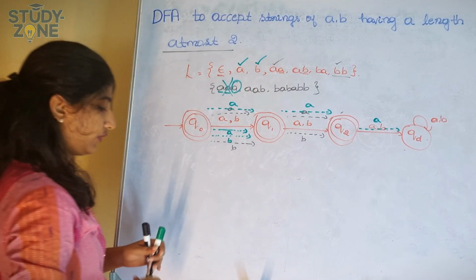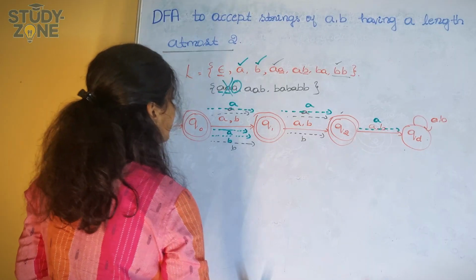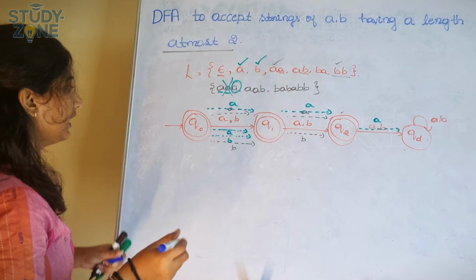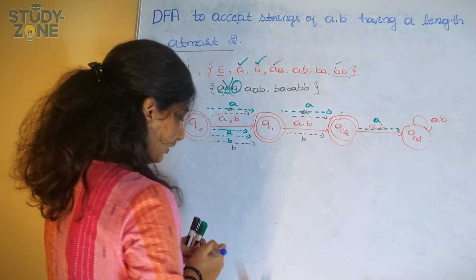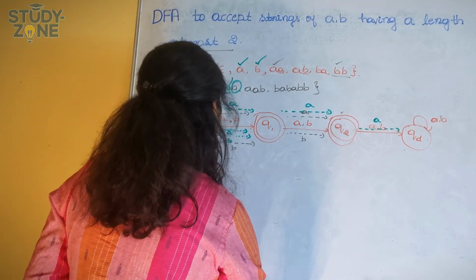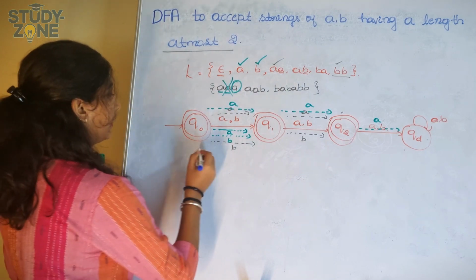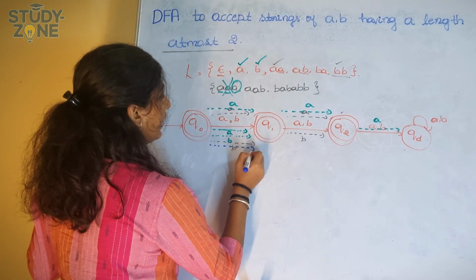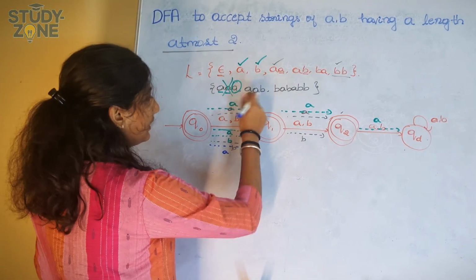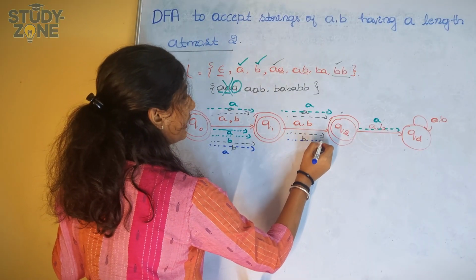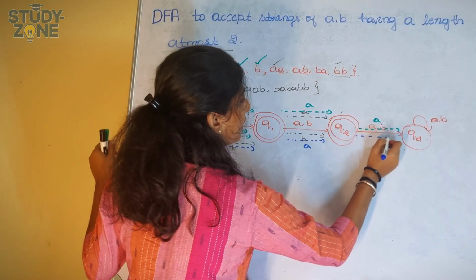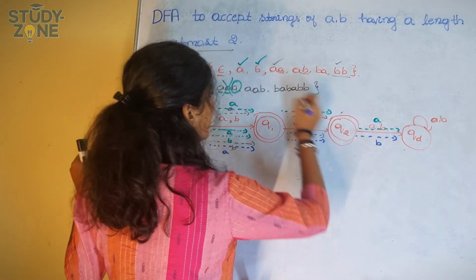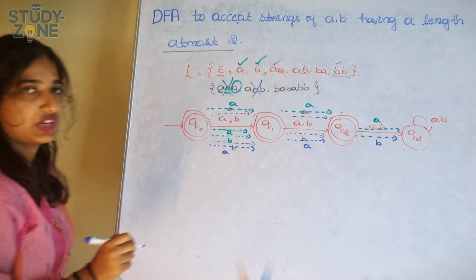Now let's check it for AAB. Q0 on A moves to Q1 and Q1 again on A moves to Q2. Q2 on B moves to the dead state. So this one is also getting rejected.